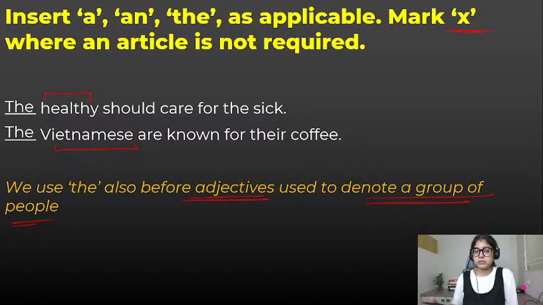Vietnamese, Japanese are known for their work culture ethic. A Japanese, just Japanese, the Japanese. Okay, so when singular adjectives are denoting an entire group of people, then you have to put the for maintaining its plurality. This is the third rule. Let's proceed.